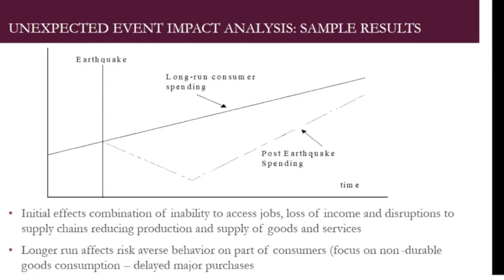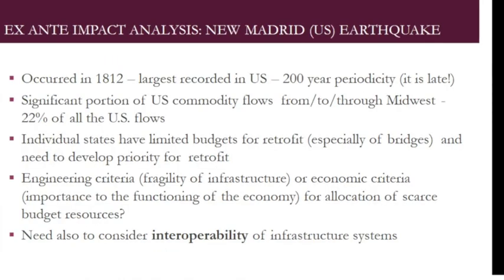So these are the sort of long-term consequences that we try to affect. And in an ex-ante case, we are modeling an earthquake that is reputed to occur every 200 years. Last time it occurred in the central part of the U.S. was in 1812, so it's kind of late.